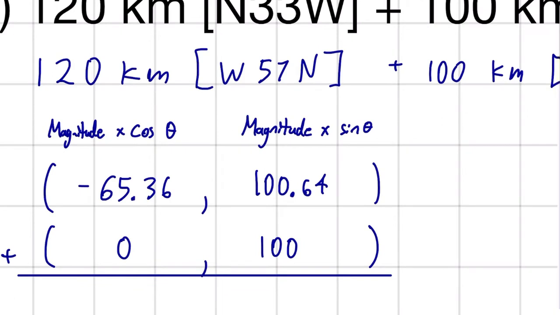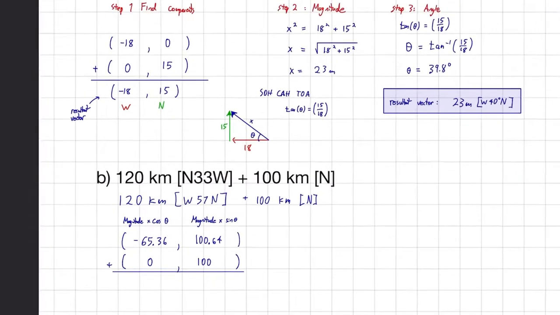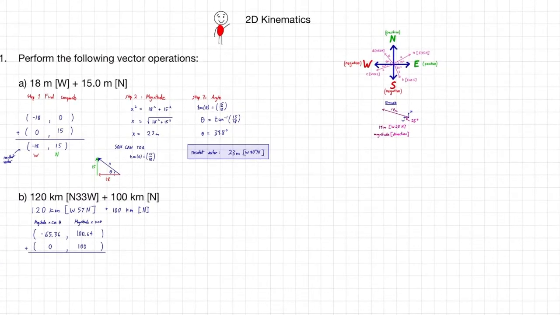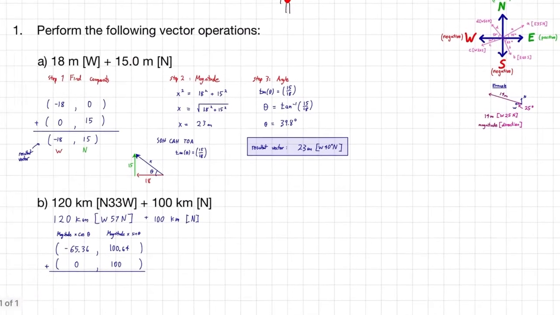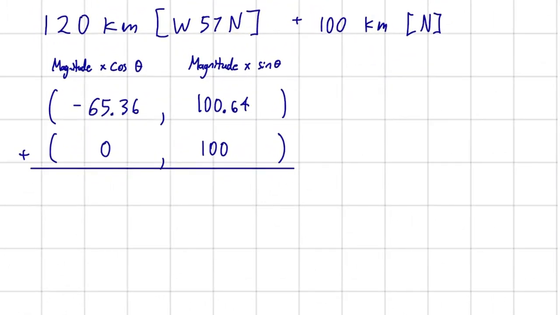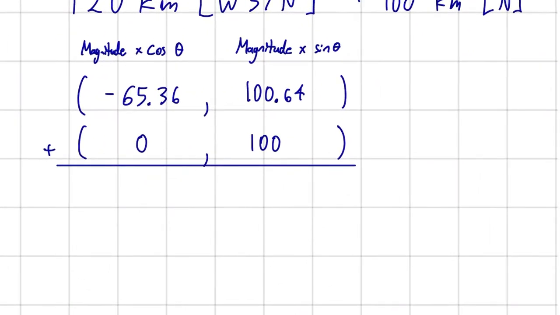And I want you to also take note of, because this is west, we're going to put a negative in front of the 65.36, because west is going to be negative. So let's add these up. The sum, the resultant vector, is going to be 36.36, comma 264. That is our resultant vector.